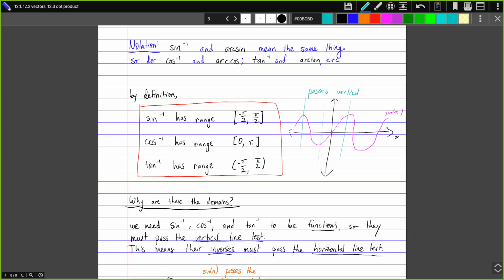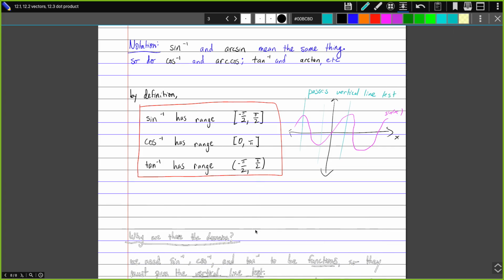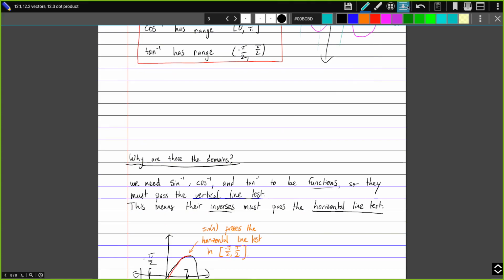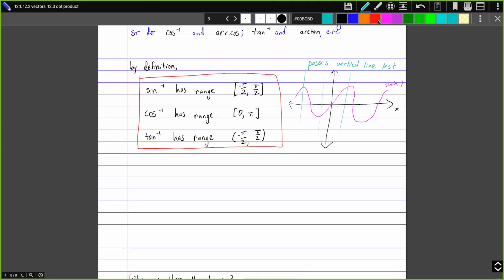But to get an inverse for the sine function, the inverse also has to pass the vertical line test. So the inverse to the sine function would look like this. It's basically what you get if you flip over the line y equals x.